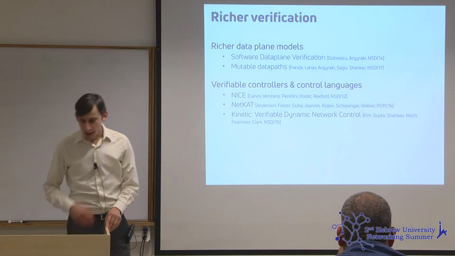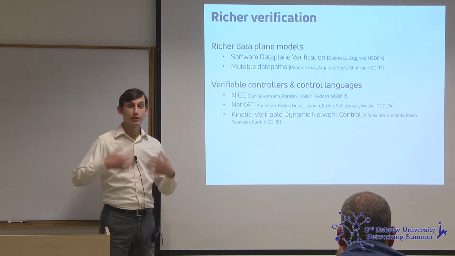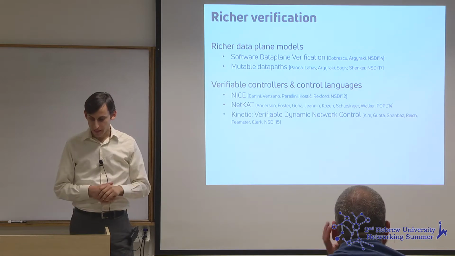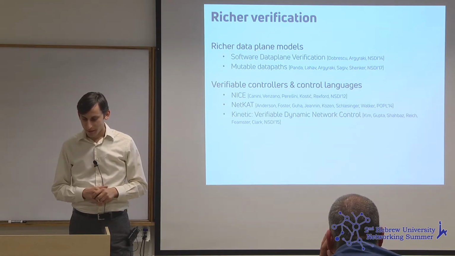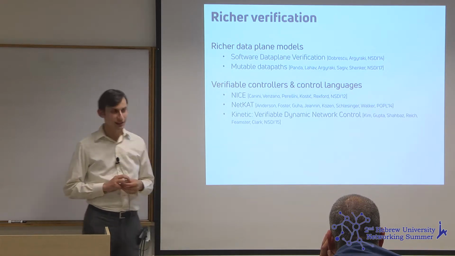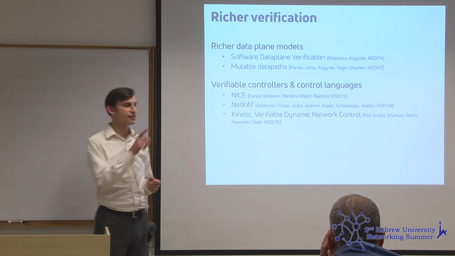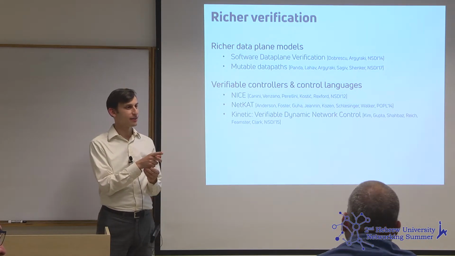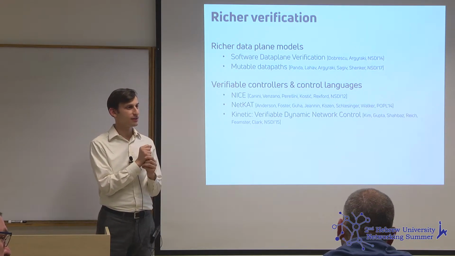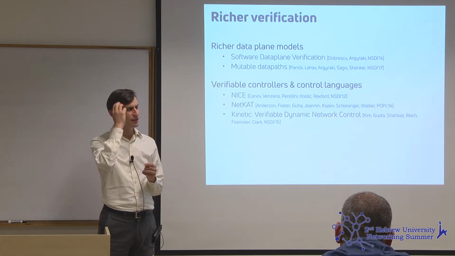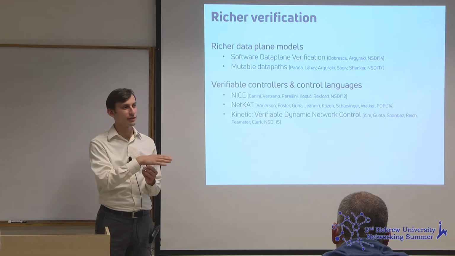Okay. Now we can start looking at richer verification models. Okay? And already I missed a paper that I should have put on here, which is Kosin's paper from, I think, 2013. The conference version is last year, so that one is more recent. Didn't you have an early one, a workshop version?